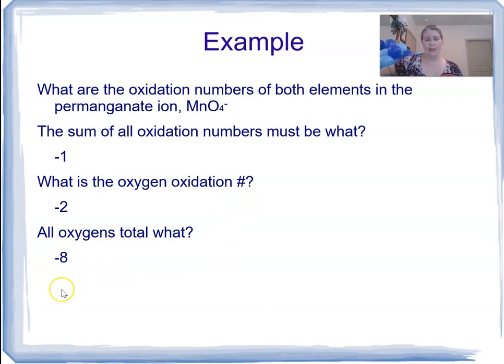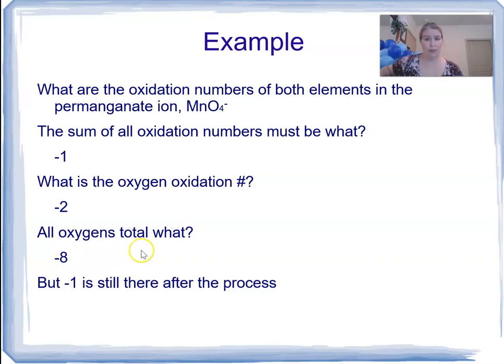Now I need to think, what does the manganese have to be in order for it to total -1? You could set this up as -8 plus x equals -1, but you'll see pretty quickly that the manganese has to be +7.